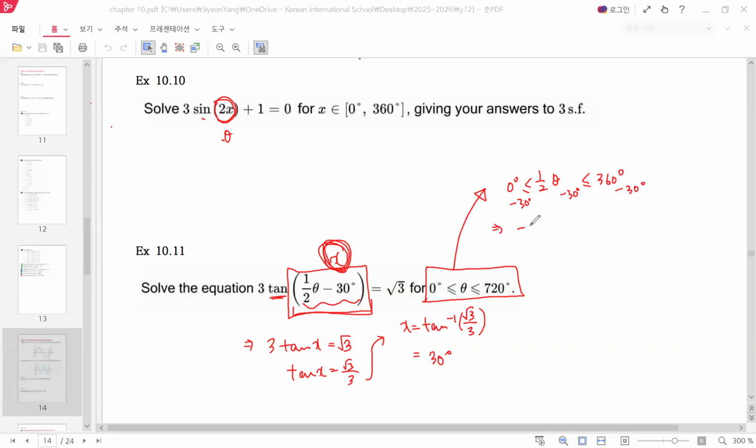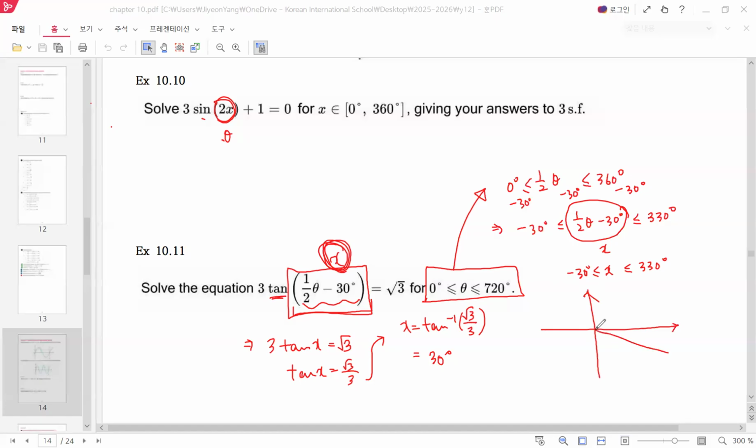So negative 30, 1 over 2 theta minus 30 degrees, and 330 degrees. Since we substitute this chunk as x, therefore the range of x is negative 30 degrees to 330 degrees. So basically negative 30 degrees to 330 degrees in this way, okay?